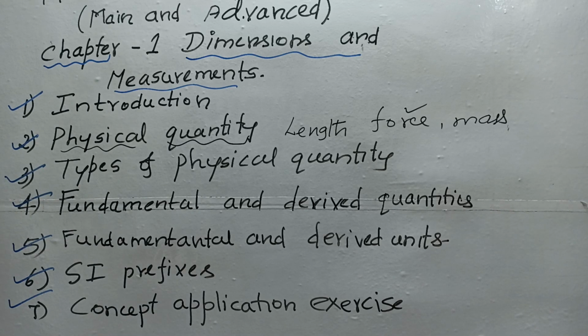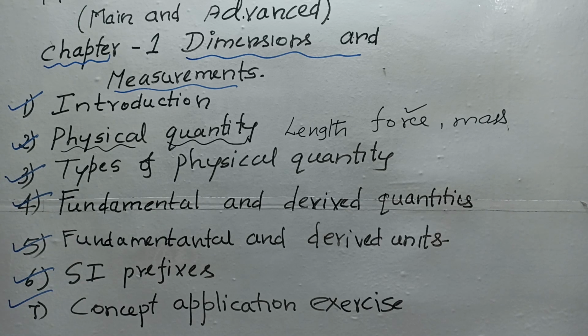So if you want to express the magnitude of a physical quantity, or to compare two physical quantities, or to prove physical laws or equations, these are the reasons why we should measure physical quantities.